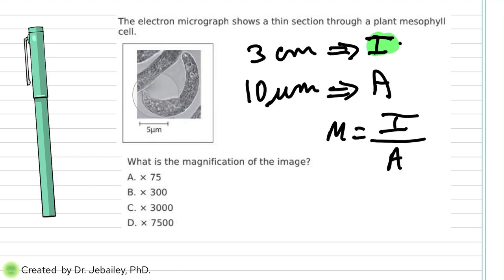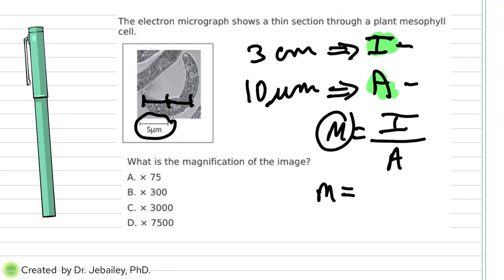How did I find the actual size? I took the scale and measured how many times I can repeat it, and it came out twice. So that's the image drawing and this is the actual size, and I want to find the magnification. So I will have 3 centimeters over 10 micrometers.